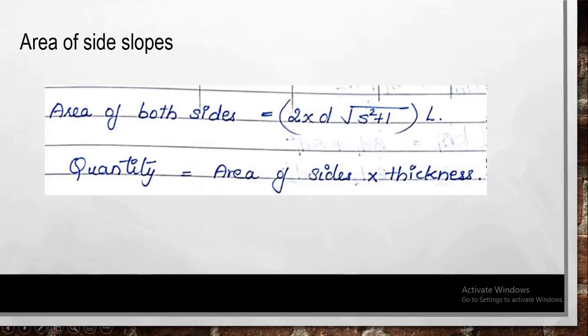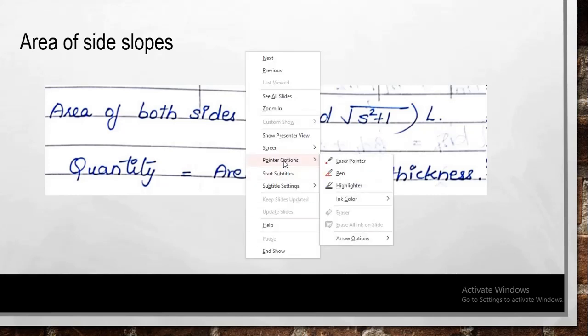Okay, so next, before going to the next problem, let me show you a formula which will be useful for the upcoming problem. So this is about the area of side slopes. Side slope here means, in the last problem I showed you a trapezium section.